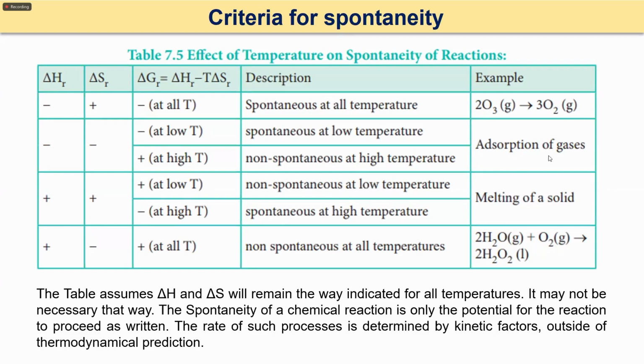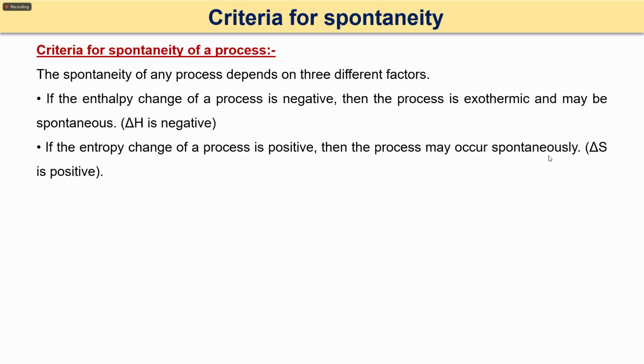If your delta G is less than 0, that means your delta G, which is equal to delta H minus T delta S, should be less than 0 for a reaction to be spontaneous.